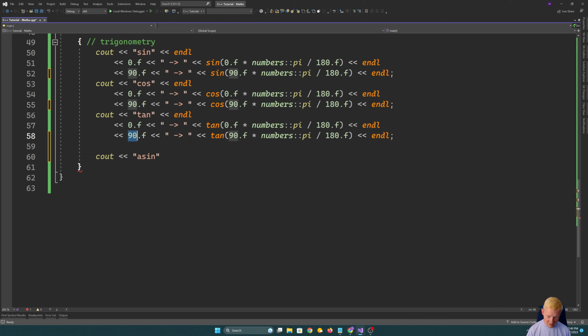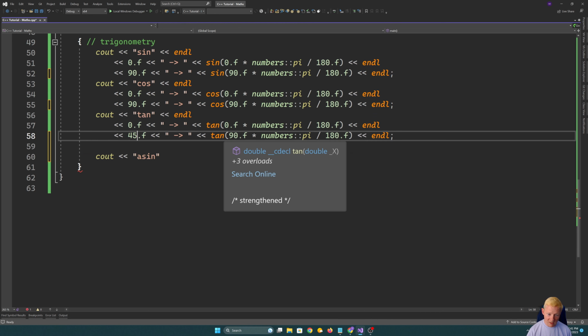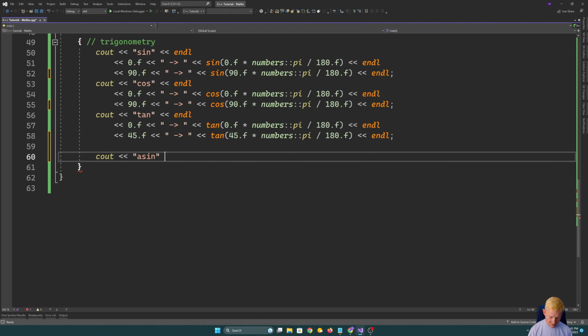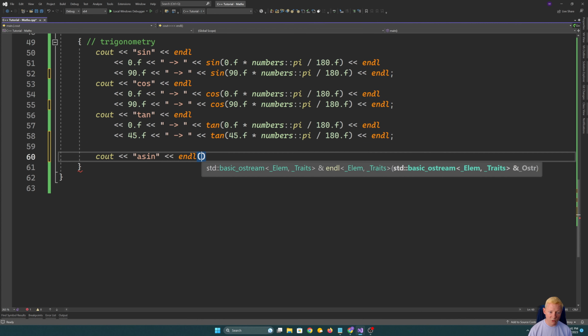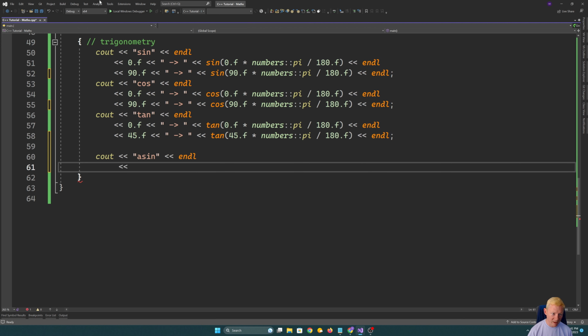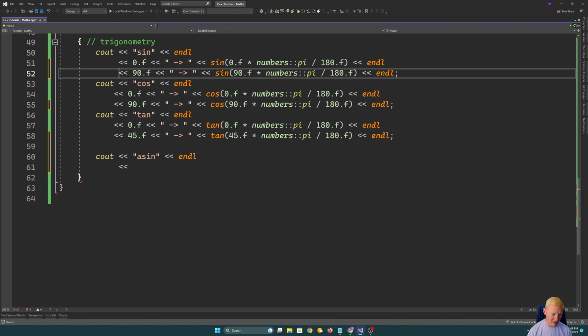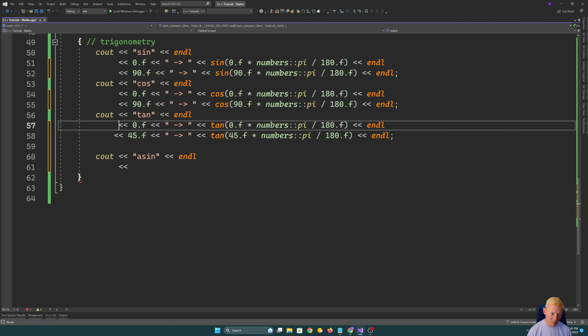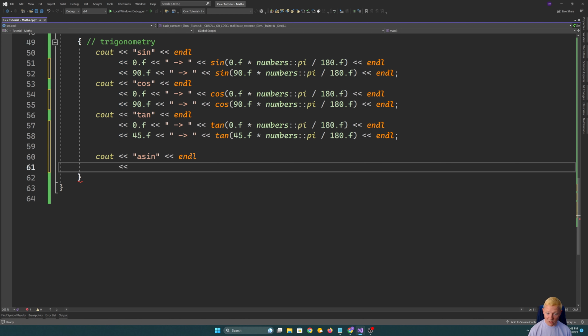And for tangent, I might make it that we have a different range of ones that we're testing there. So asin is essentially inversing a sine, going back from a value where we've calculated the sine of an angle and turning that into a value, in this case a value in radians.